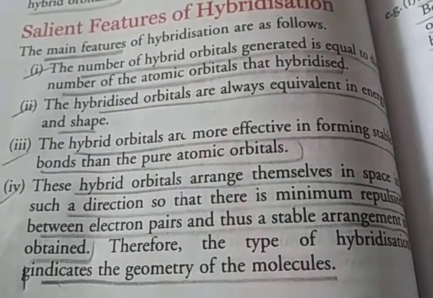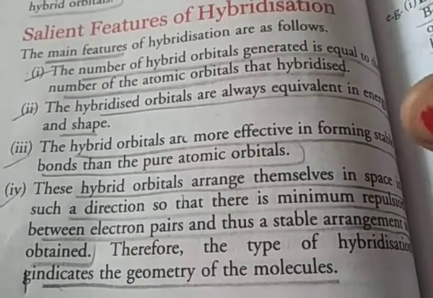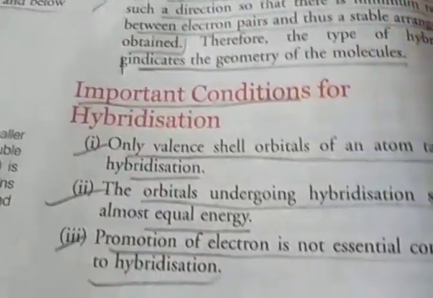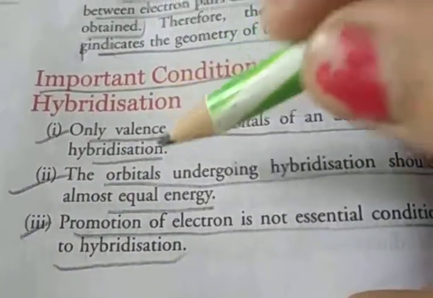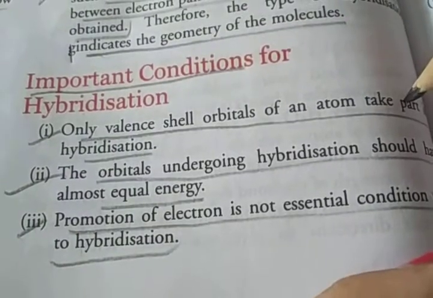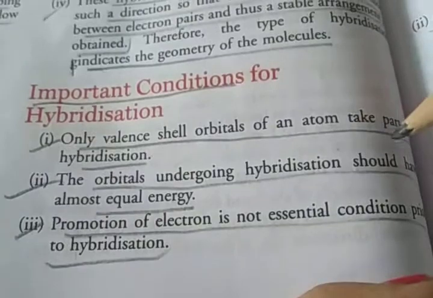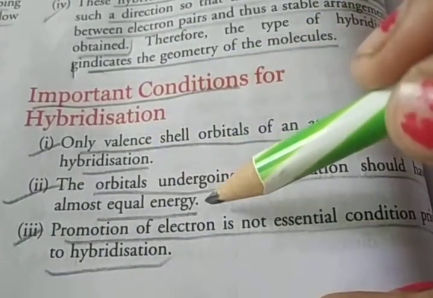Okay, so I will explain hybridization by one example. But first you see, these are the salient features. Then important conditions: only valence shell orbitals of an atom take part. Second, the orbitals undergoing hybridization should have almost equal energy.